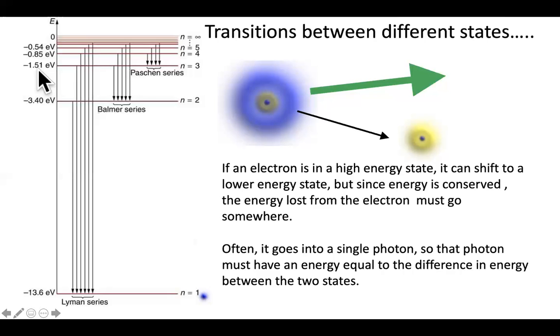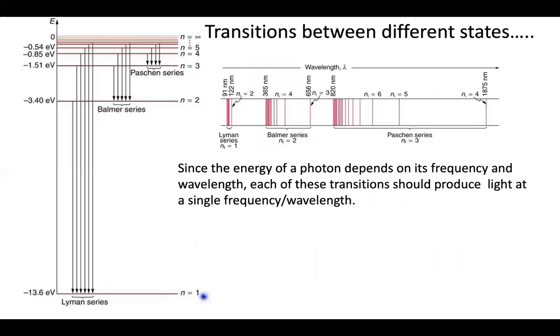So if we start here at minus 1.5 and end up here at minus 3.4, we've lost about 0.9 eV worth of energy. This photon has 0.9 eV worth of energy. Now remember, photon energy goes like frequency or wavelength.